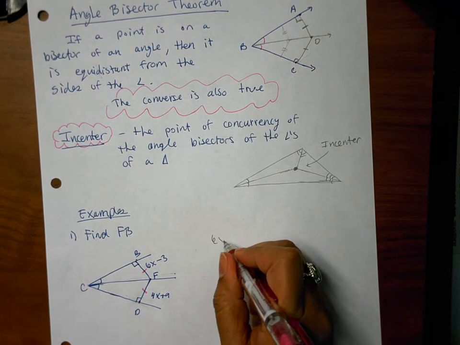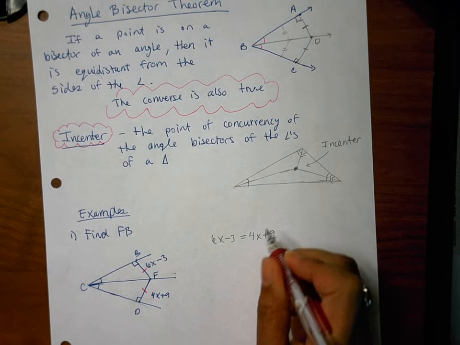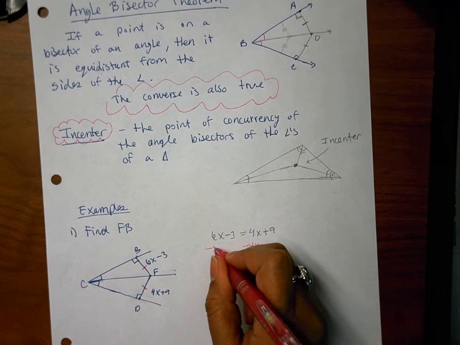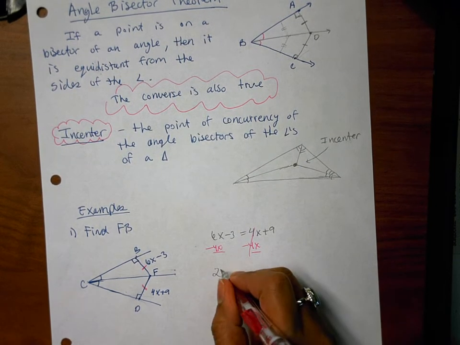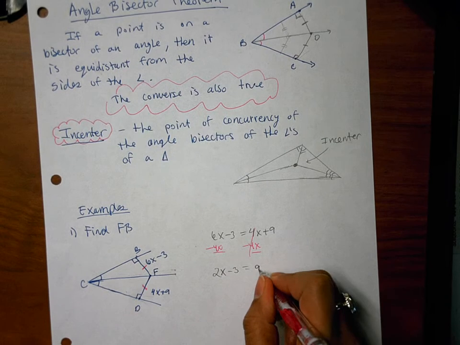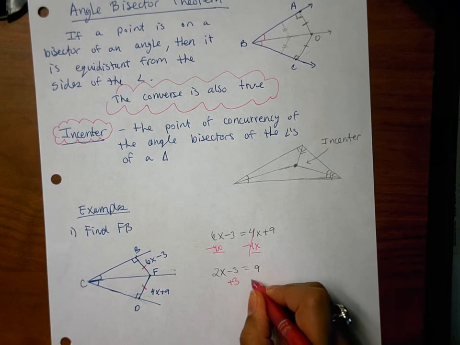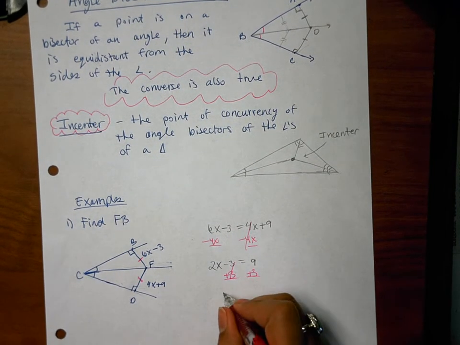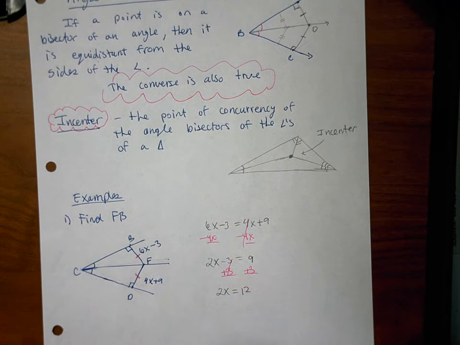So we can say that 6x minus 3 equals 4x plus 9. Subtract your 4x. 2x minus 3 equals 9. Add your 3. 2x equals 12. And divide the 2.